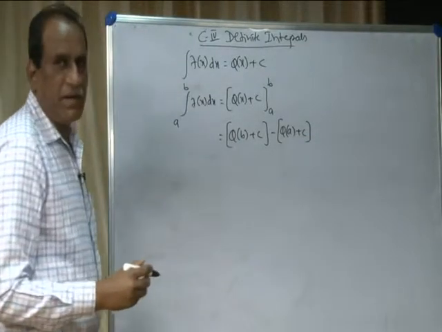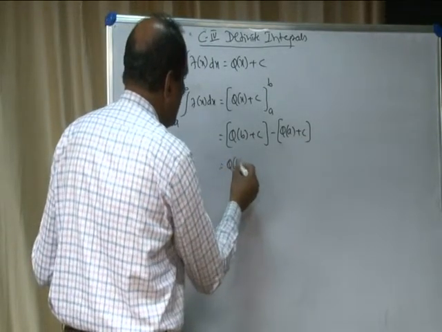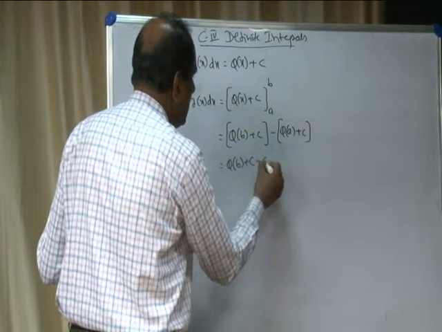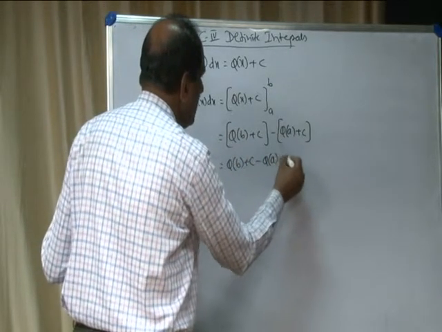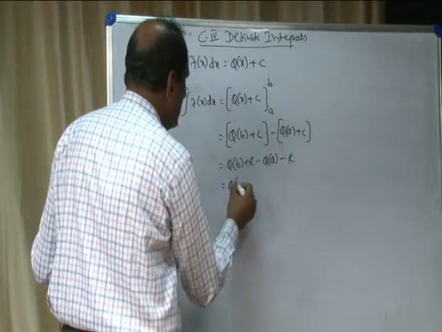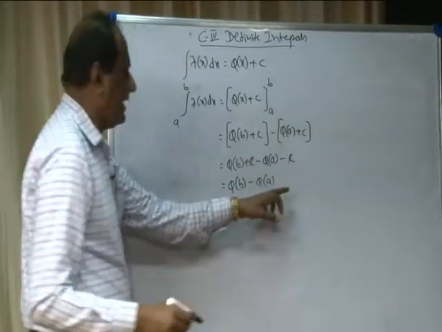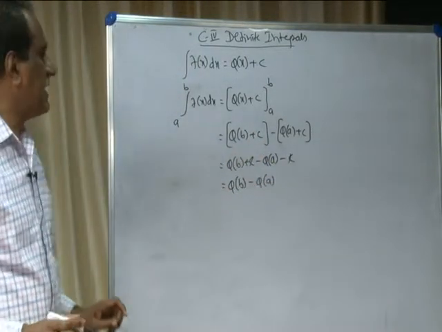Now, remove the brackets: Q of b plus c minus Q of a minus c. So plus c minus c cancel, that is Q of b minus Q of a. So no constant here.